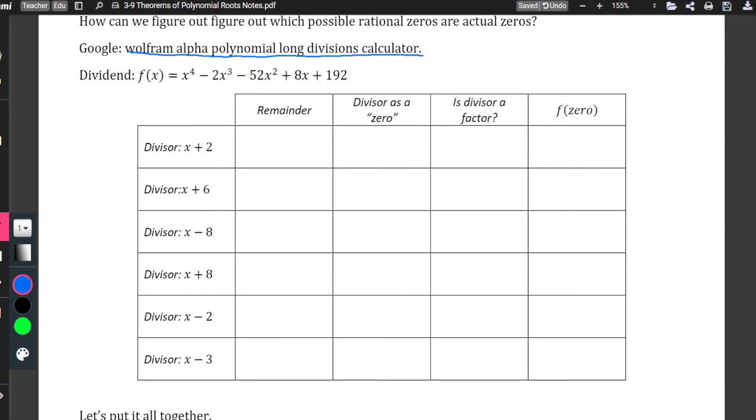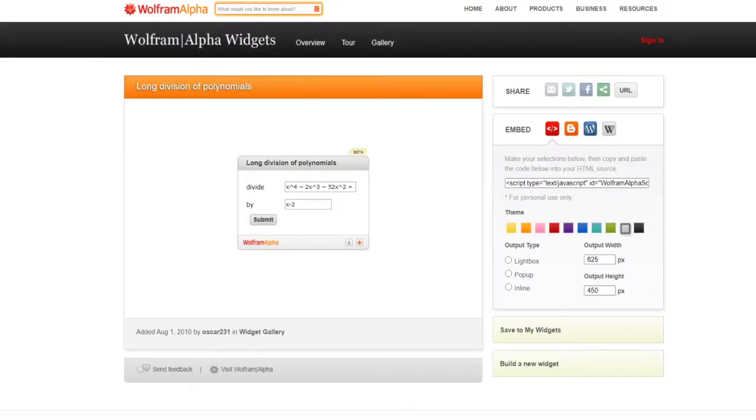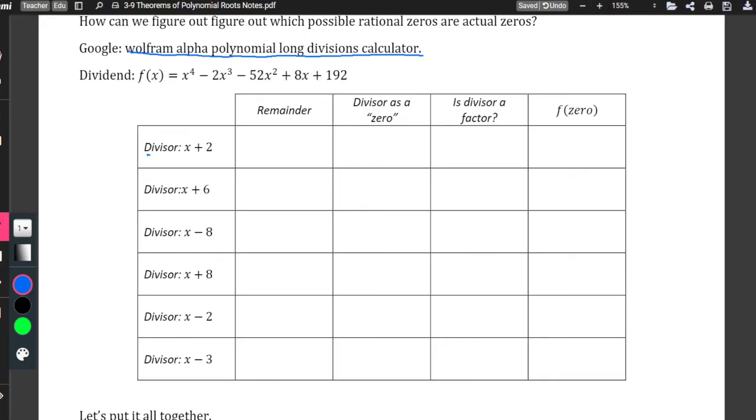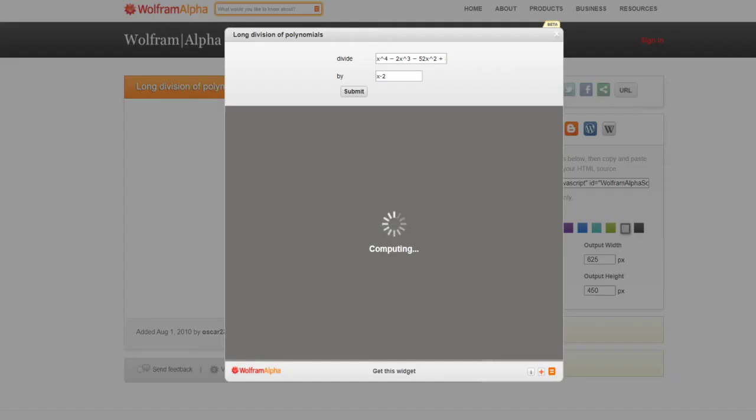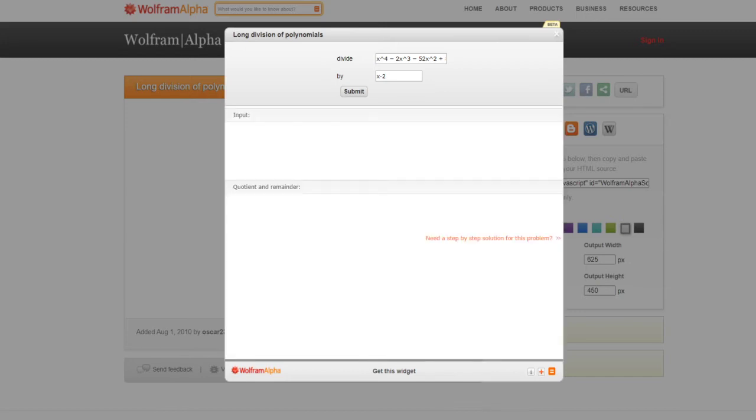Into the dividend portion, and then the divide by. I want to start with the x plus 2. Once you do this, all you have to do is hit submit. It'll do some magic maths, and we'll find out that our remainder, as you can see, is 0.